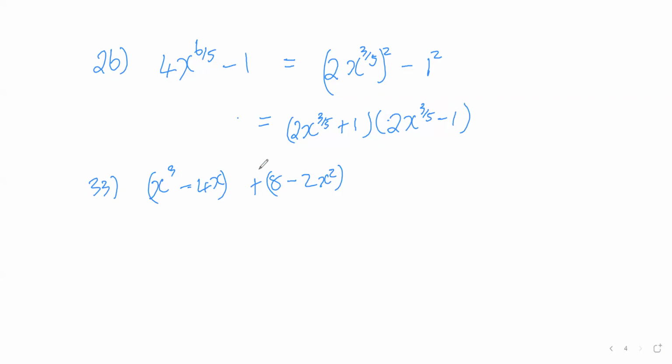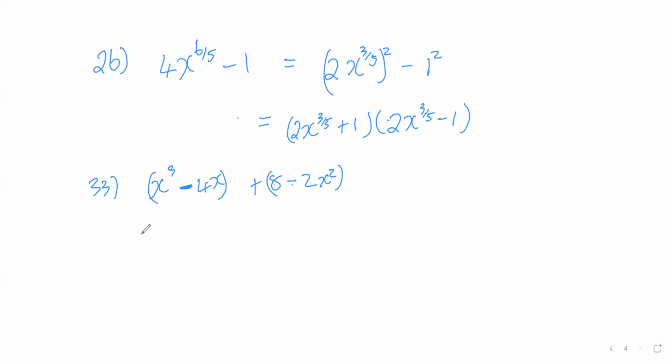So I'm looking at this and it doesn't look like a difference of squares or sum of cubes or quadratic. It doesn't look like any of those things. But if I look at my first bracket there, I have a common factor, which is x. So maybe if I start with that, then I can see. And in my second bracket here, my common factor there is 2, right?